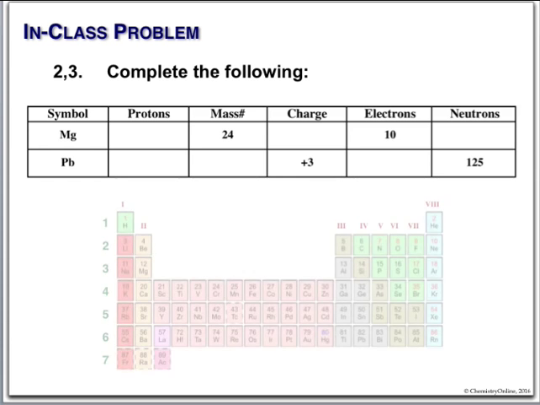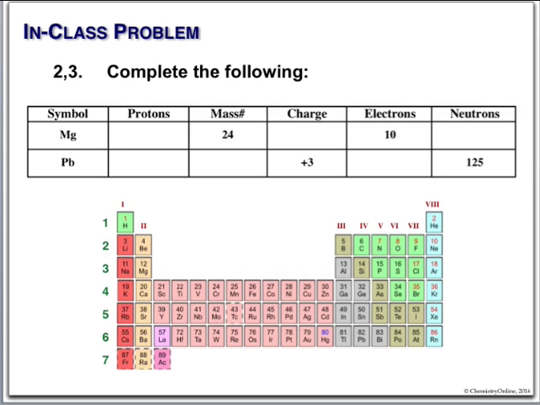So here's our table. First of all, we're looking for magnesium. Magnesium is Mg. It's right here. So we look and we see its atomic number is 12.